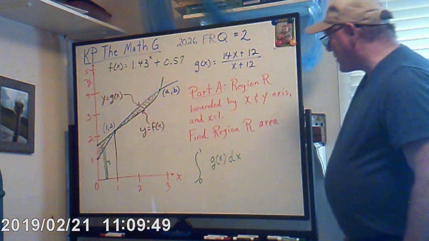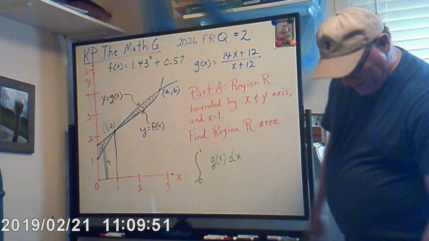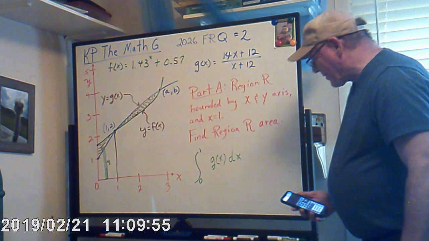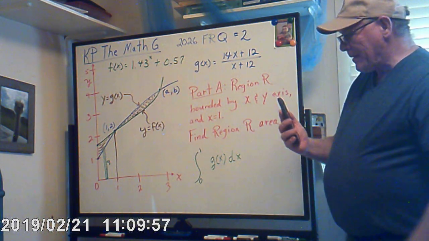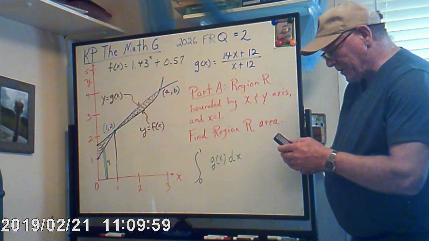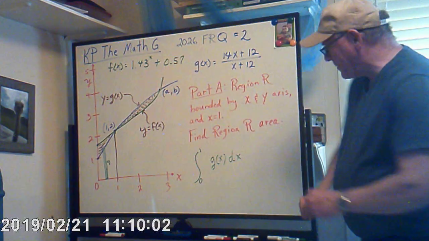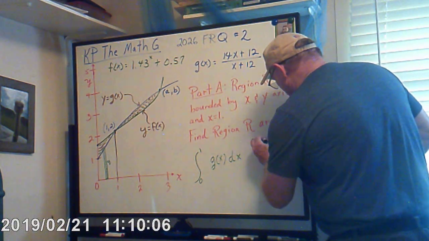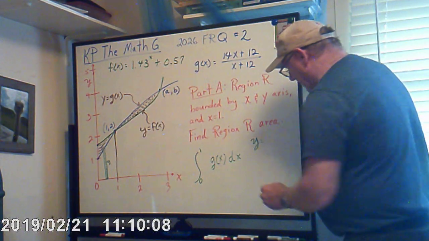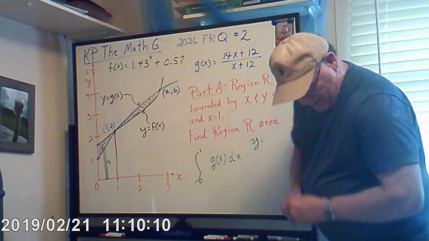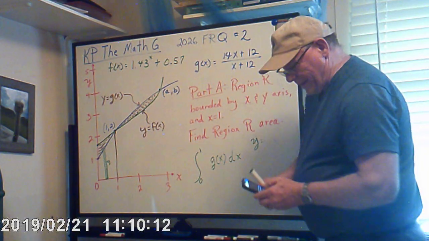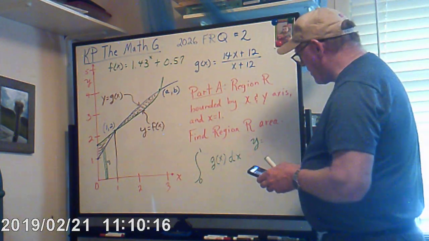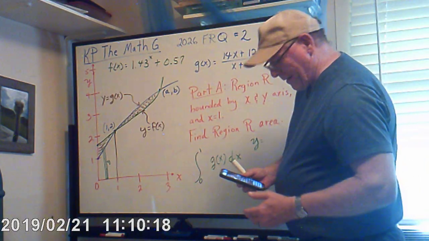Alright, so let's see here. I've got to put this in my calculator. The way that we do this is we go to y equals. There's a key on your calculator that says that. You hit that and you put this in your calculator.